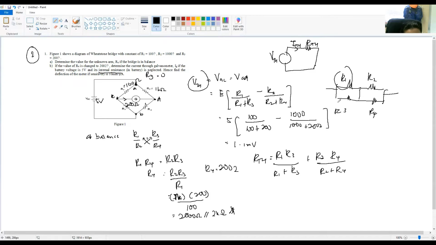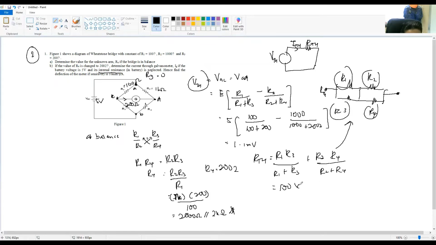So R1 is parallel with R3, and R2 is parallel with R4, to get the RTH from this point to this point. This is how the formula comes from this circuit. Then just substitute the values for R1, R3, R2, and R4.